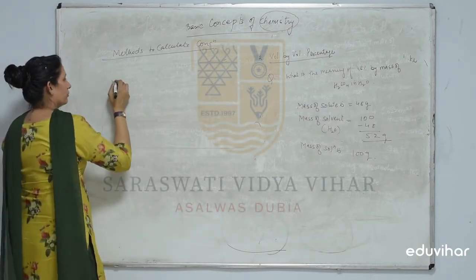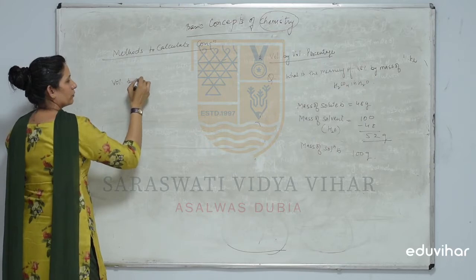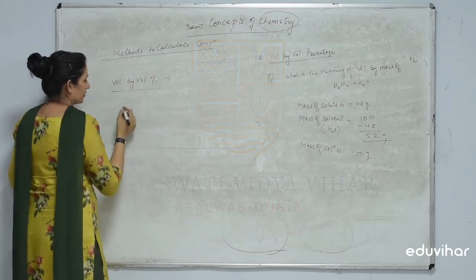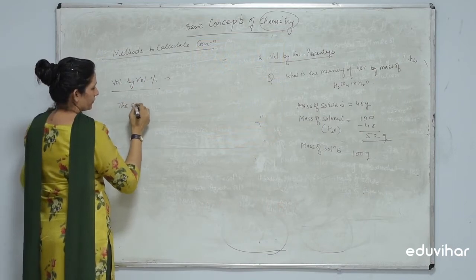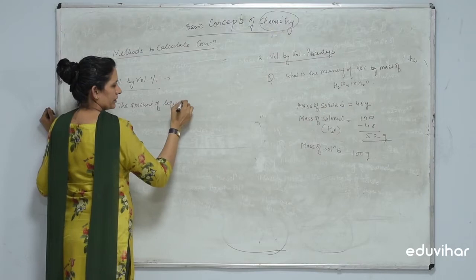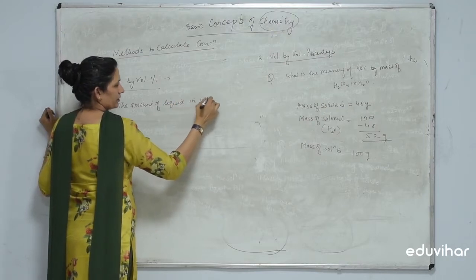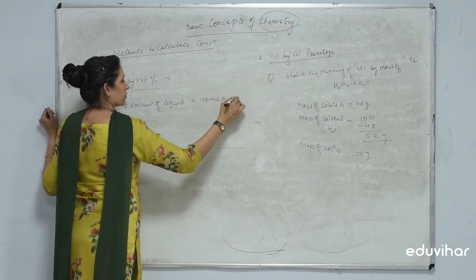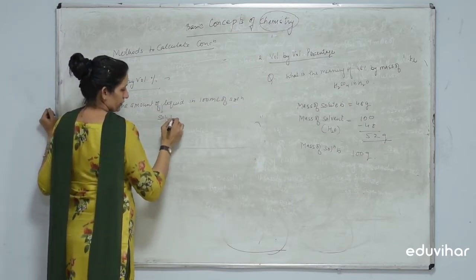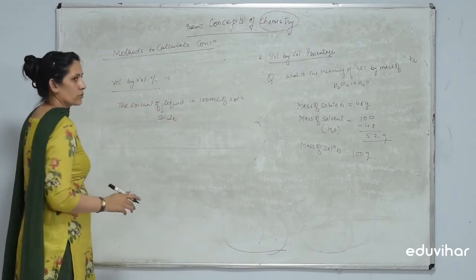Next is volume by volume percentage. Again the same thing. The amount of solute liquid in 100 ml of solution.